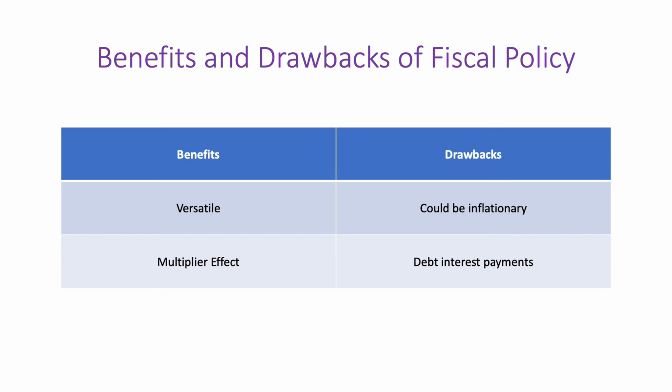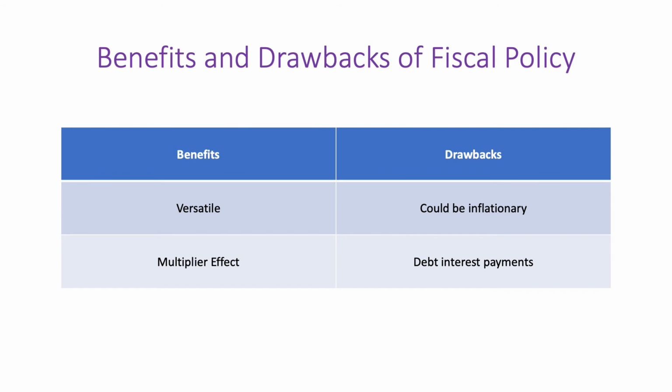Another issue with fiscal policy is the debt repayments. If governments consistently have to borrow money to fund spending, that is, they consistently run budget deficits, which we'll cover in a little bit, then this will lead to a compounding of these budget deficits over time, increasing the size of the national debt.